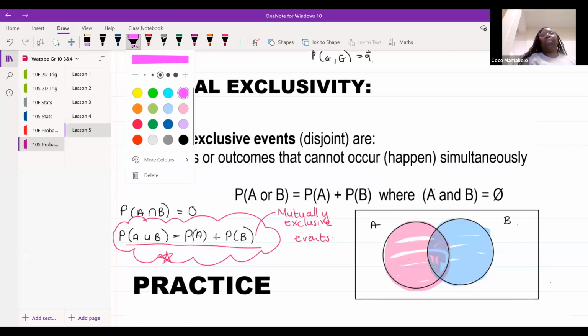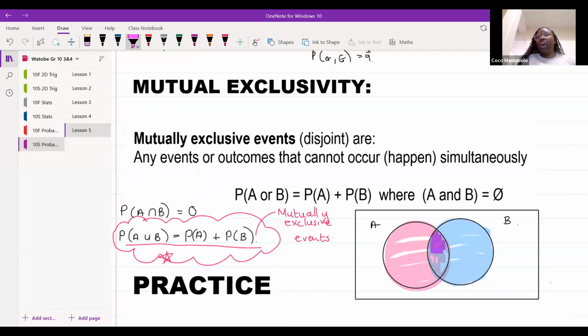What do we notice about this middle part over here? What do we notice about our intersection? What happened to my intersection when I did the probability of A plus the probability of B? Correct, Namisile. It's calculated twice. We counted it twice.